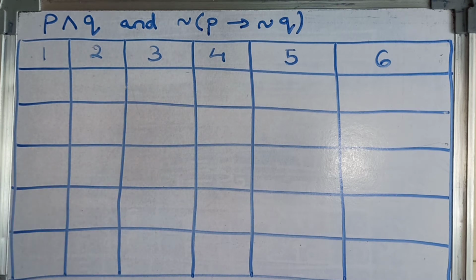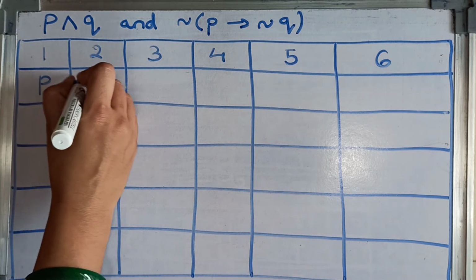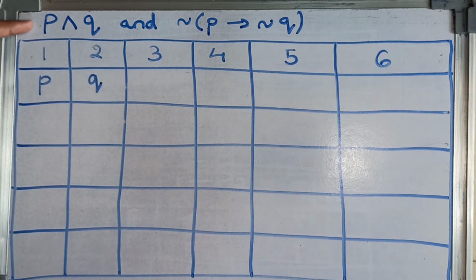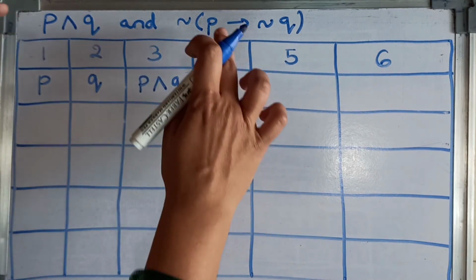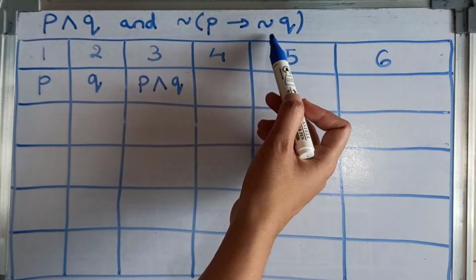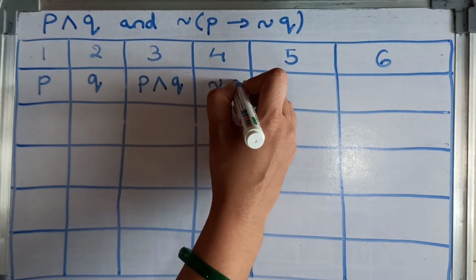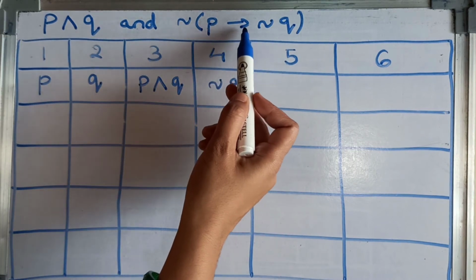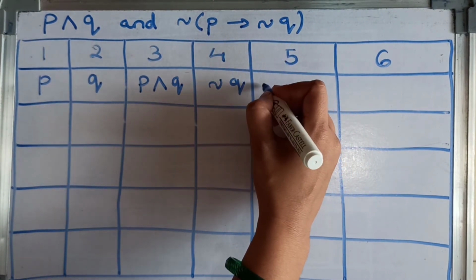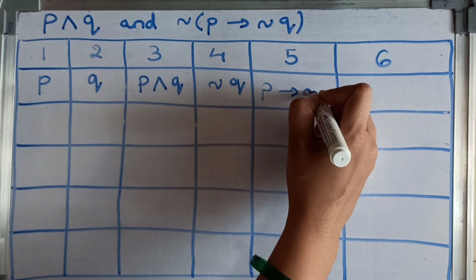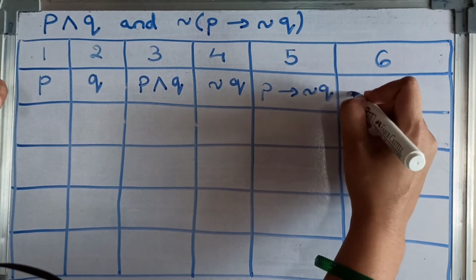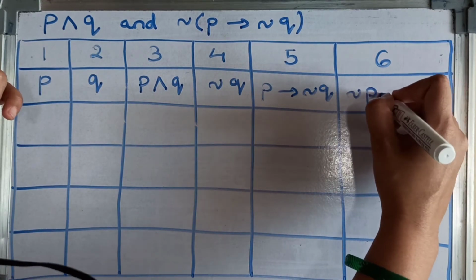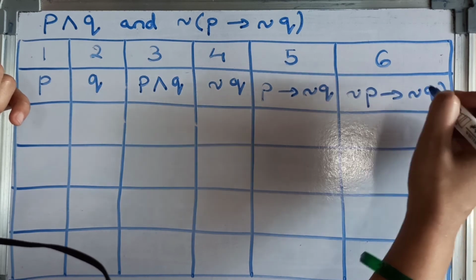The first two columns will always be the component statements, that is P and Q. Then next is the first statement pattern, that is P and Q. Now for the second statement pattern, you require negation Q, so the next column will be negation Q. Then you have P implies negation Q, so that will be your next column, and in the end your second statement pattern, that is negation P implies negation Q.